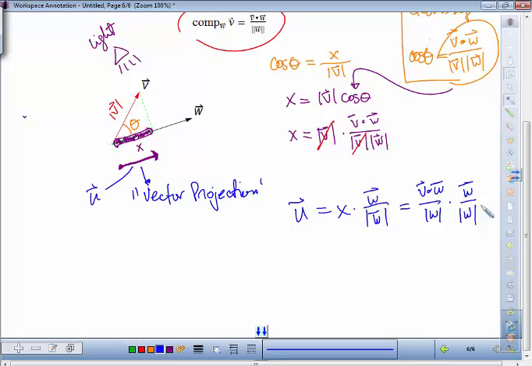Wow, that looks messy. I have a couple of dots here. Can you tell me what these dots are? Is this multiplication or a dot product? We could be more specific. Are we multiplying two scalars? Is this a scalar?